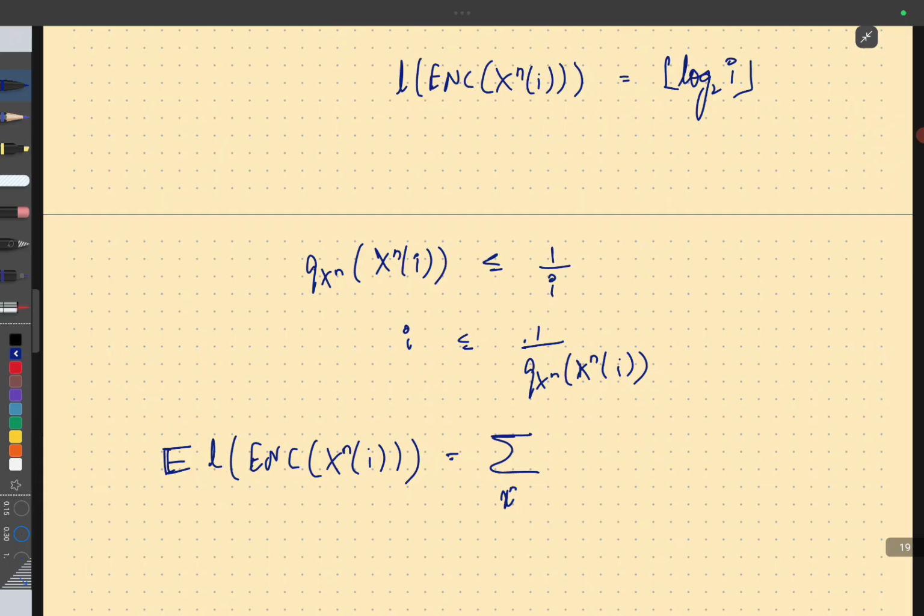So the expectation has to be taken over the true distribution, right? Because we're trying to calculate the actual expected length. So this is expectation taken over the true distribution.